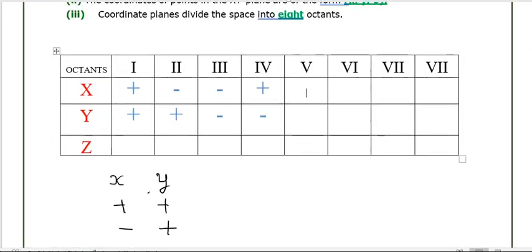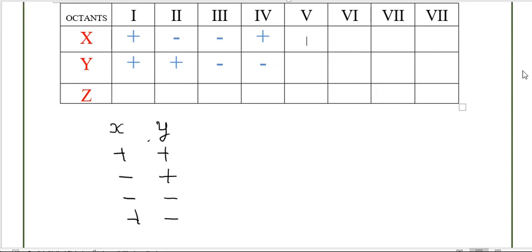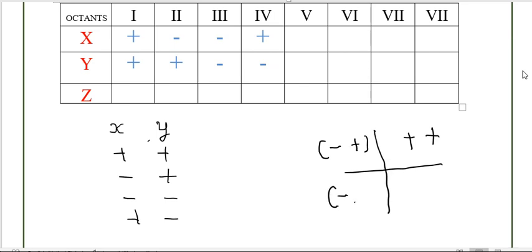First of all, you are familiar with two dimensions. If we have x and y only, then in the first quadrant both are positive, in the second quadrant x is negative and y is positive, in the third quadrant both are negative, and in the fourth quadrant x is positive and y is negative.